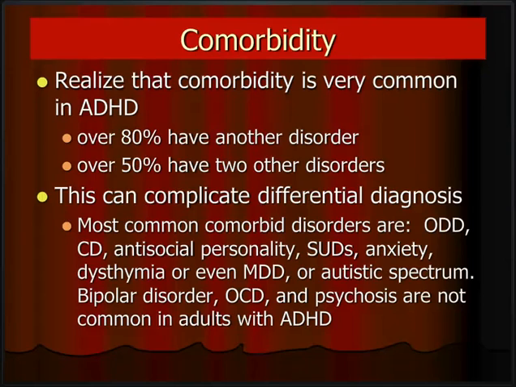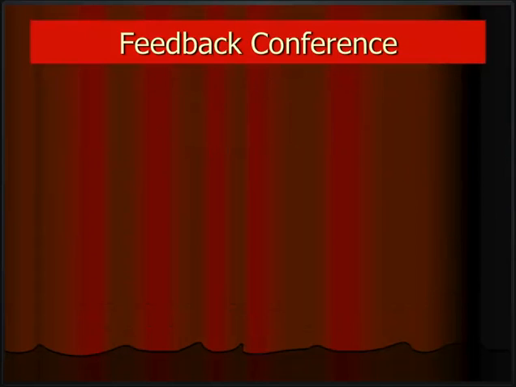In some cases, although relatively rare, bipolar disorder, obsessive-compulsive disorder, or even psychosis or other thought disorders might coexist with ADHD in childhood or in adulthood. But again, these are far less common than the other disorders I've mentioned here. So individuals, as I've said before, need to be well grounded in their knowledge of differential diagnosis if they expect to conduct a thorough and appropriate clinical evaluation of children and teens.